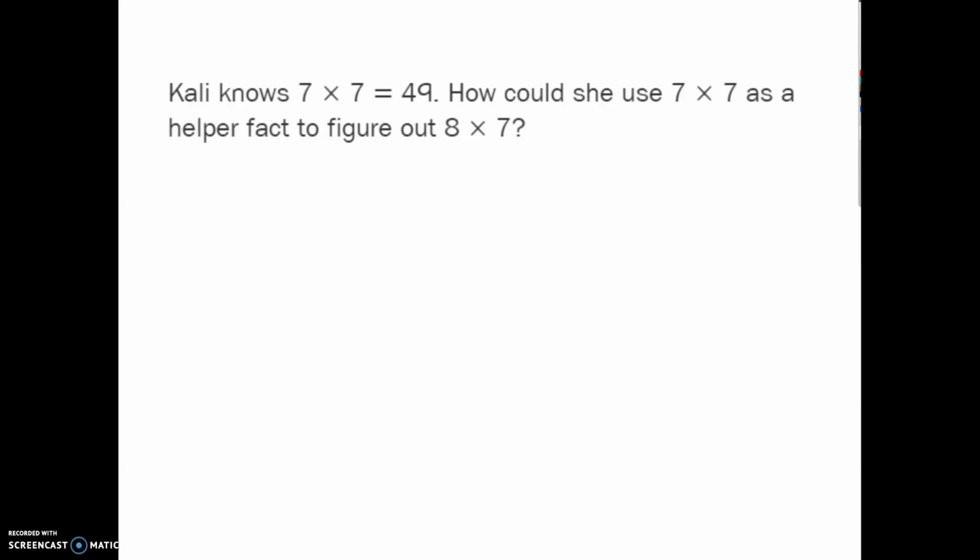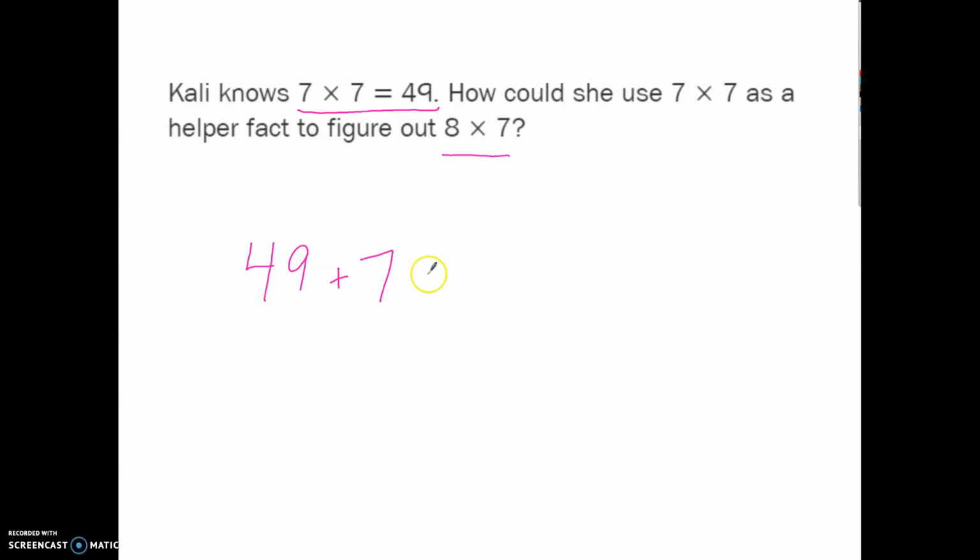So if Callie knows that 7 times 7 equals 49, how can she find out 8 times 7? Well, she can start with 49 and add one more group of 7, because 49 is 7 groups of 7. 8 times 7 is 8 groups of 7.